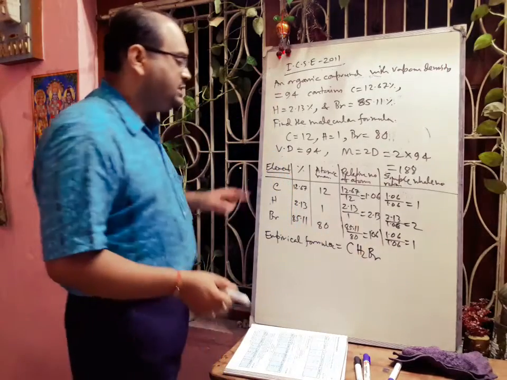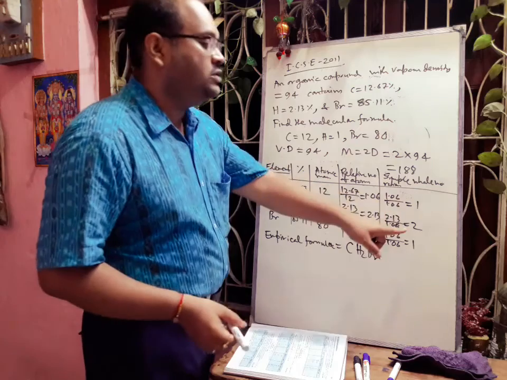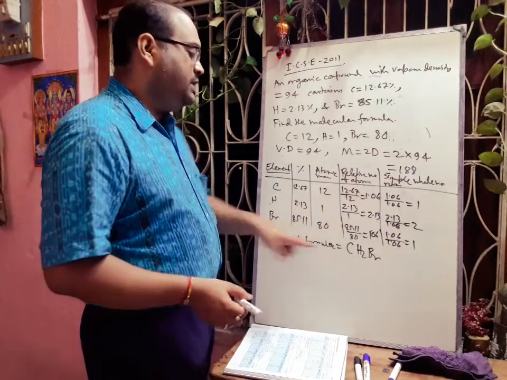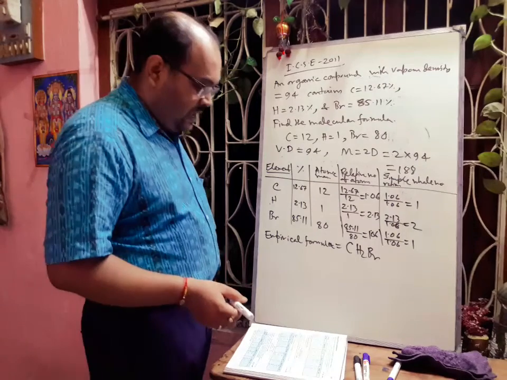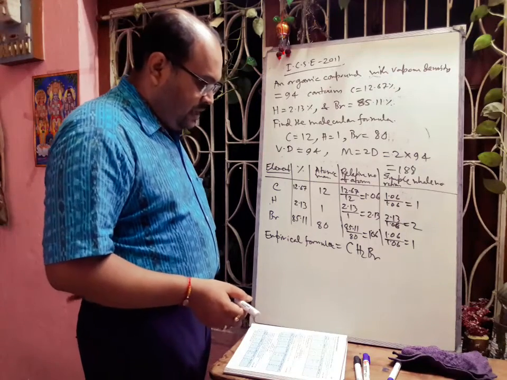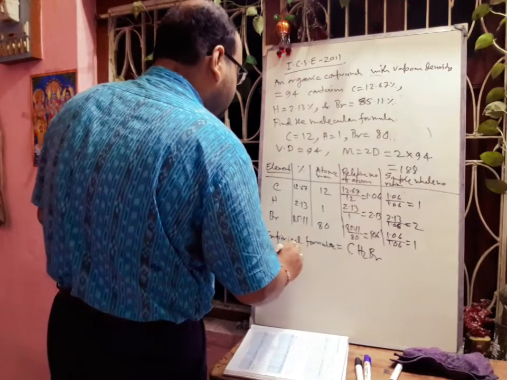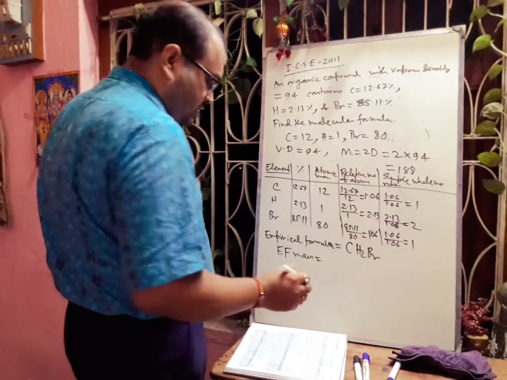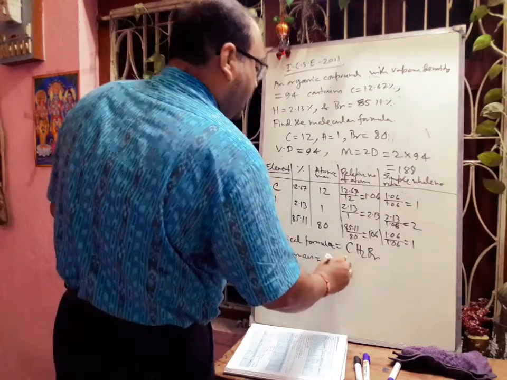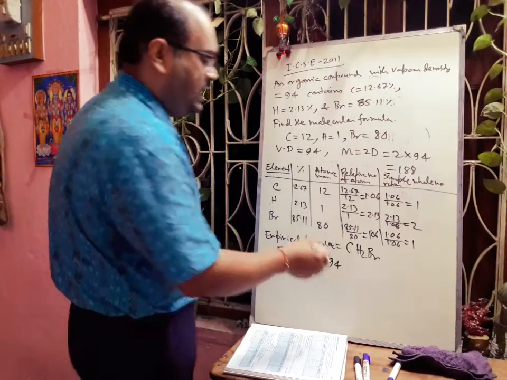From here we can understand that the ratio of carbon to hydrogen to bromine is 1:2:1. So that will be CH2Br. Okay. So from here we can write the empirical formula mass. If we calculate the empirical formula mass, we will get 94. Carbon is 12, hydrogen 2, and bromine 80: 12 plus 2 plus 80 is 94.